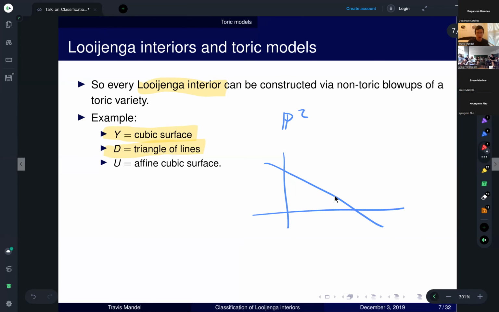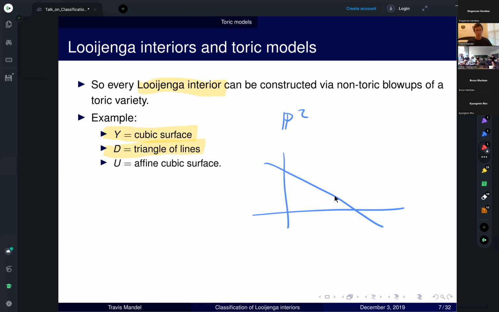So Travis, can you maybe say what a cubic surface is in case there are some people who don't know? Yeah, so a cubic surface, well, you could say it's a hypersurface living in P3, defined by a degree 3 polynomial. But the useful characterization for us, and this is an important fact, kind of a classical thing that's in Hartshorne, but it goes way back.